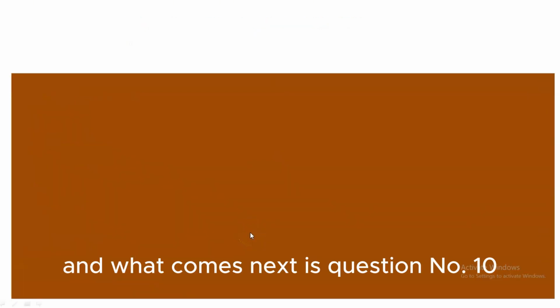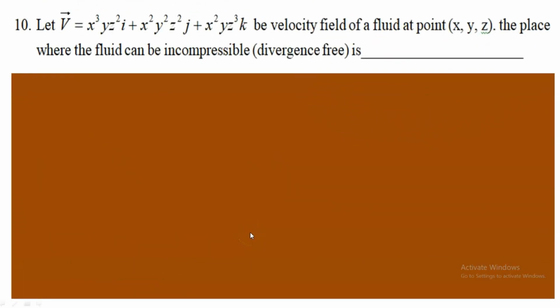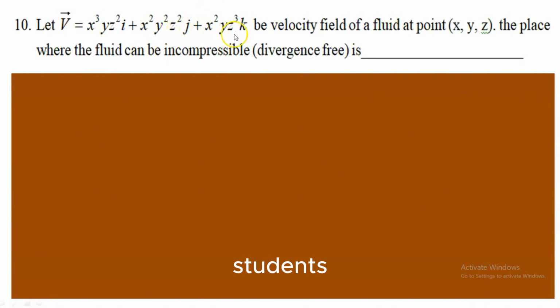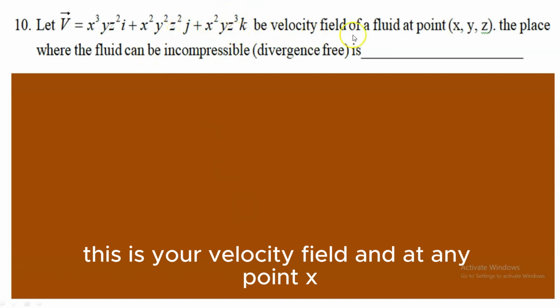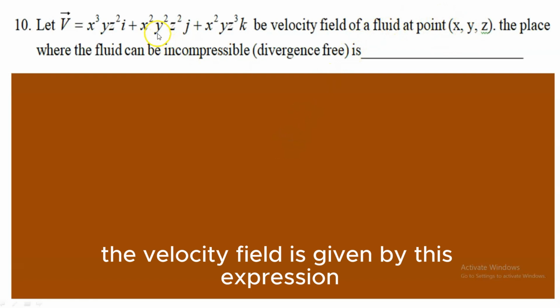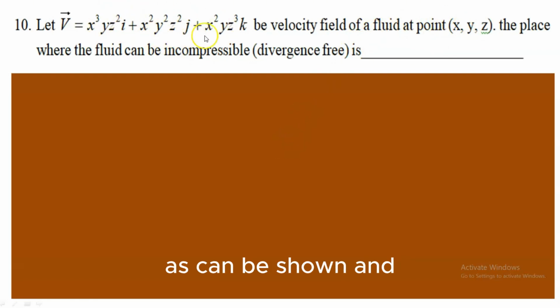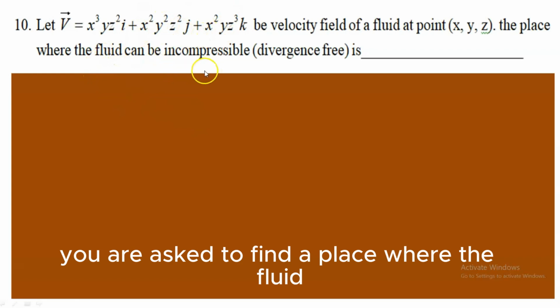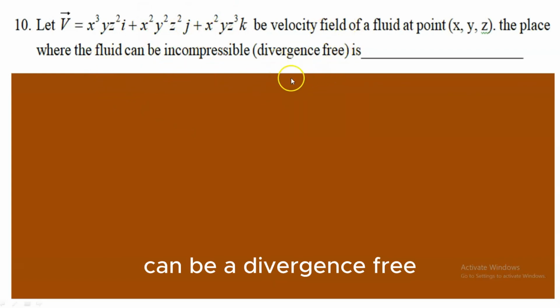What comes next is question number 10. You are given a velocity field here, students. At any point (x, y, z), the velocity field is given by this expression, and you are asked to find where the fluid is divergence free.